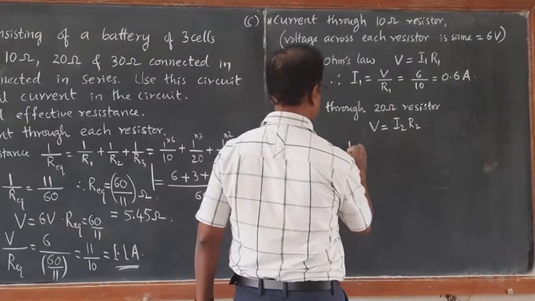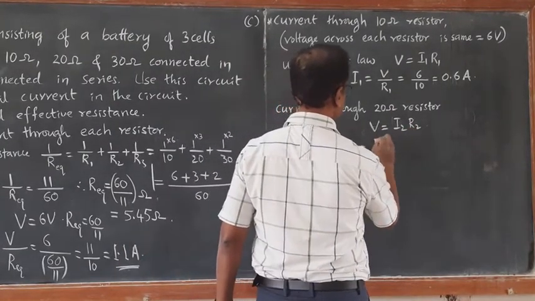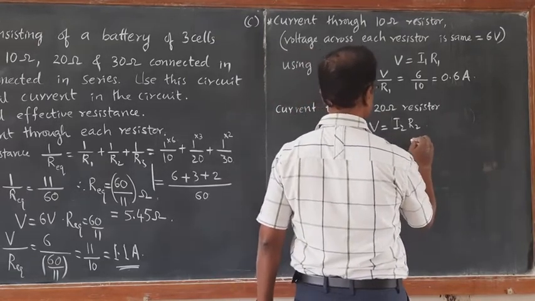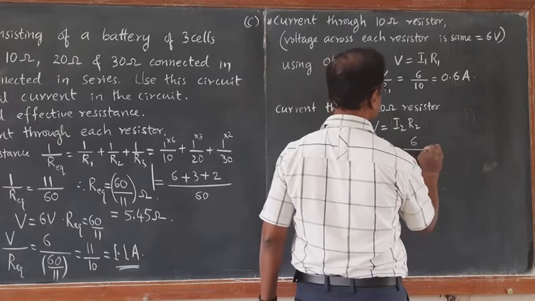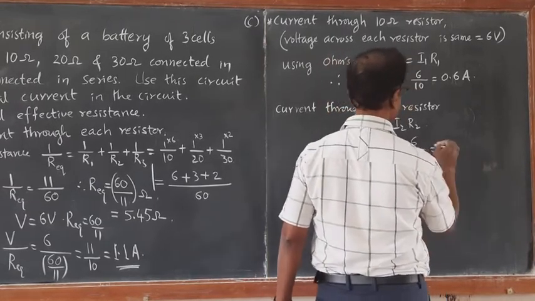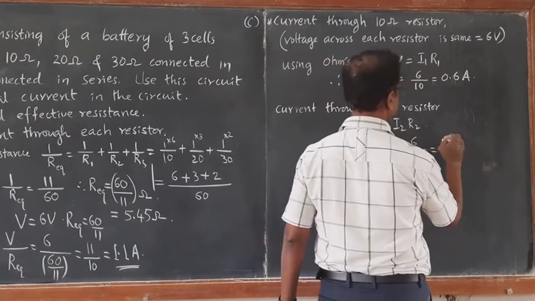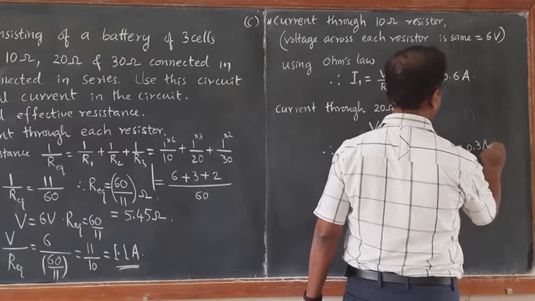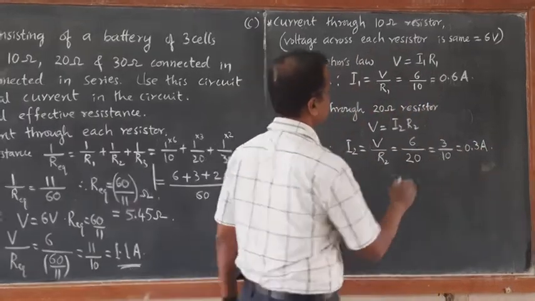Therefore, I2 is equal to V by R2. V is 6 divided by 20. So 2 3s are 6, 2 10s are 20. So it becomes 3 by 10. That is 0.3 ampere.